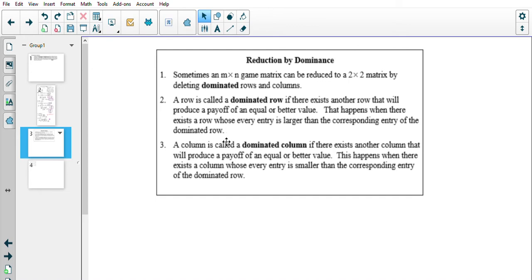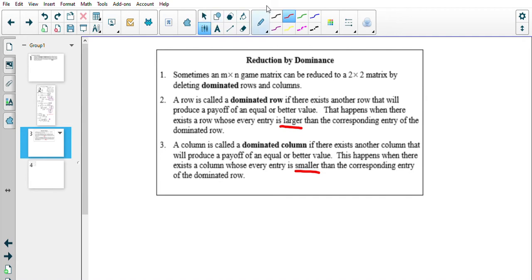And a column is called a dominated column if there exists another column that will produce a payoff of equal or better value for the column player. This happens when there exists a column whose every entry is smaller than the corresponding entry of the dominated column, right? So remember, for the row, we want larger results, and for the column, we want smaller results, right?